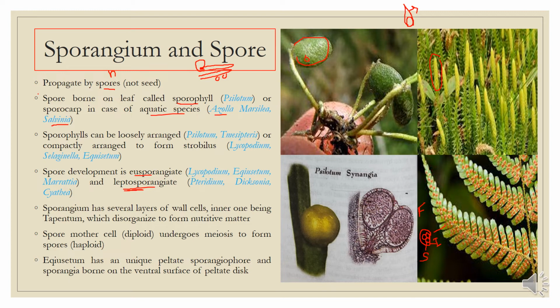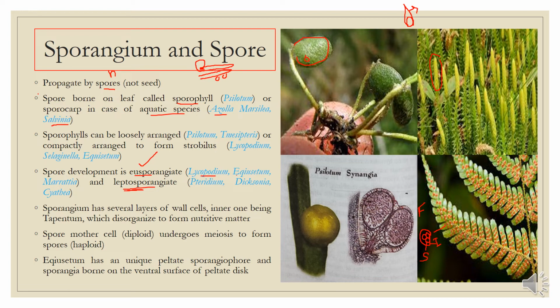And the development of the spore is eusporangiate or leptosporangiate. Leptosporangiate species are those where the sporangium is formed from a single initial cell, and such sporangia are usually small in size. On the other hand, eusporangiate species are produced from many initials, and as a result they are much more massive in size.